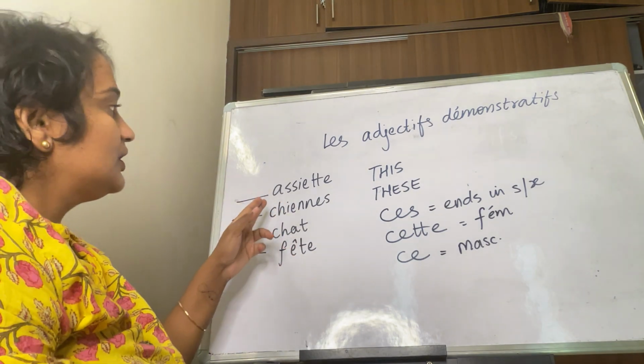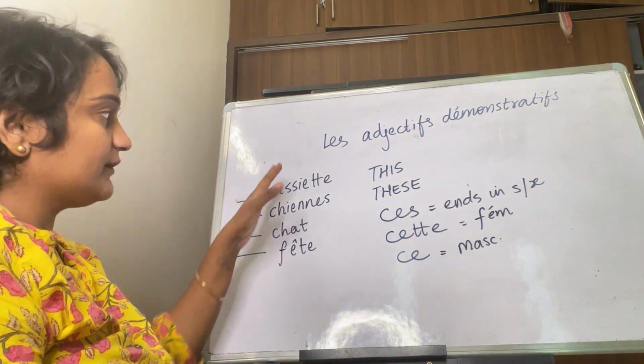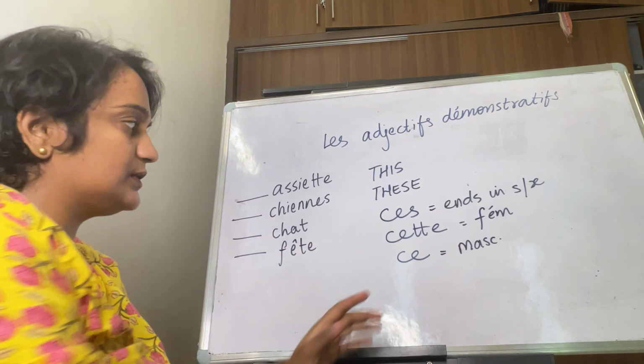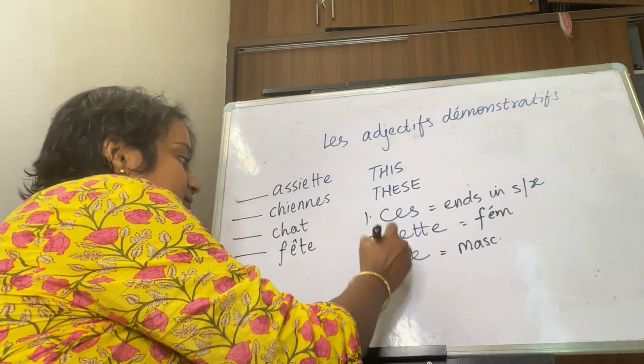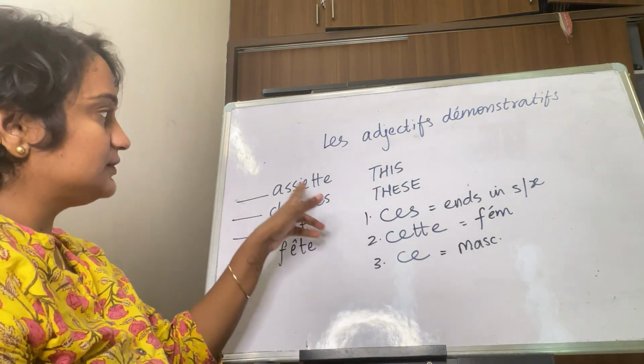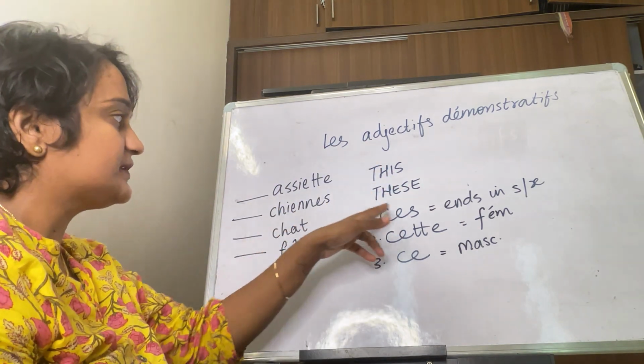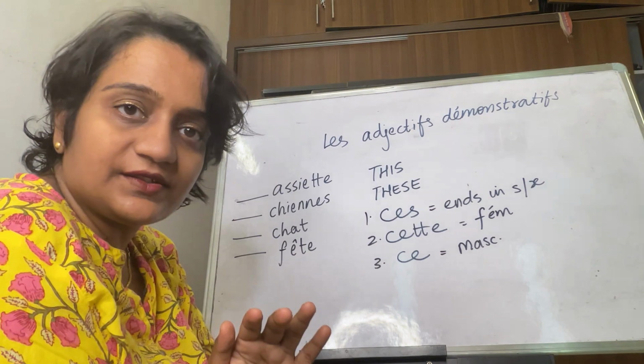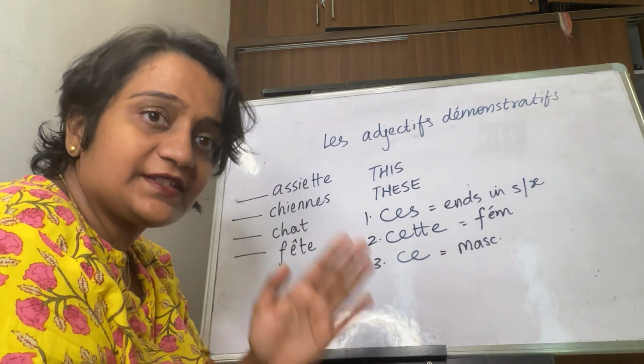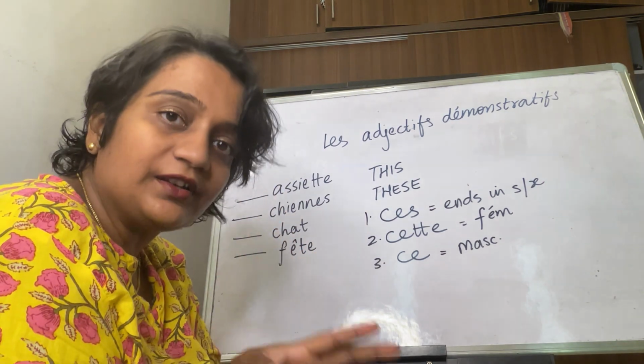Okay. So we have this, whatever words are given here, you follow the rules of 1, 2, 3. So take assiette, run it through this filter. Don't get confused. Don't be like, oh yeah, this is S, so let me put. Don't jump your answers. Okay, don't get excited. Go systematically so you don't miss an answer or get confused.